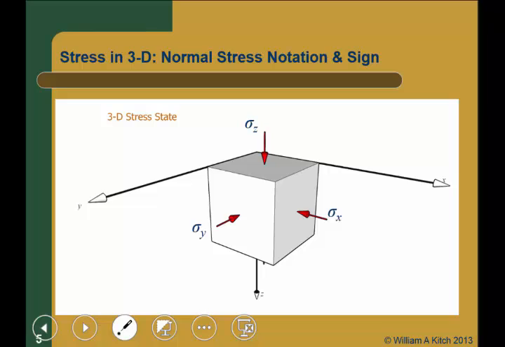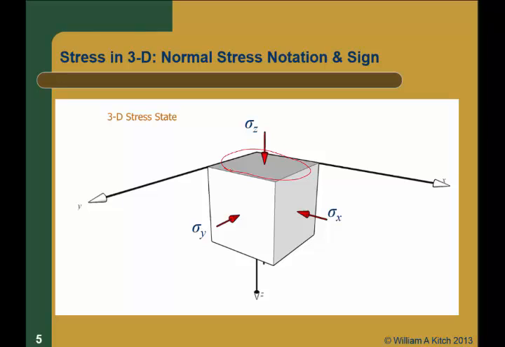So let's look at this plane right here. A positive plane is a plane where the positive normal stress acts in a positive direction. Okay, so all these normal stresses shown here are positive, right?